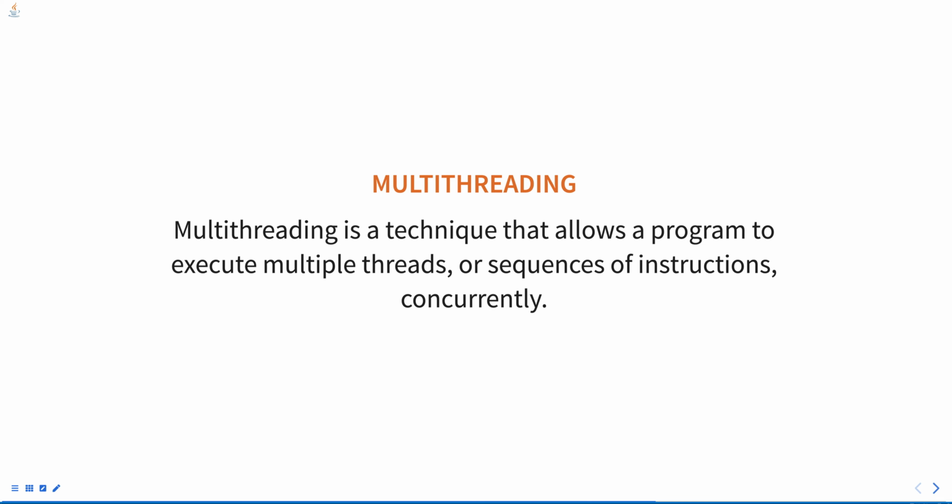Java supports multithreading through the Thread class and the Runnable interface. The Thread class provides methods for creating and controlling threads, and the Runnable interface is used to create a class that can be run as a thread.